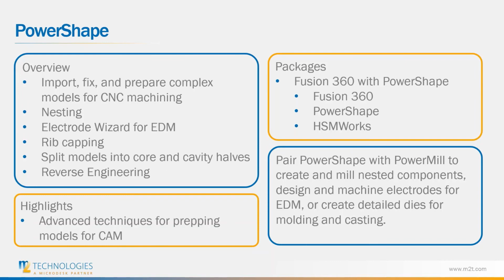Lastly, by pairing PowerShape with PowerMill to create and mill nested components, design and machine electrodes for EDM, or create detailed dies for mold and casting, you're able to make the most out of both products.